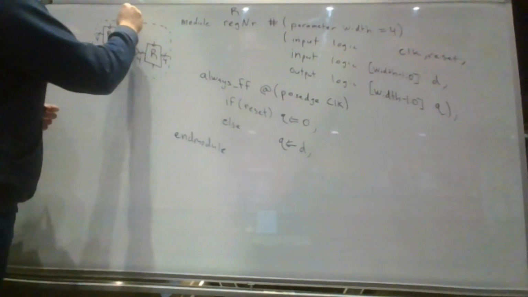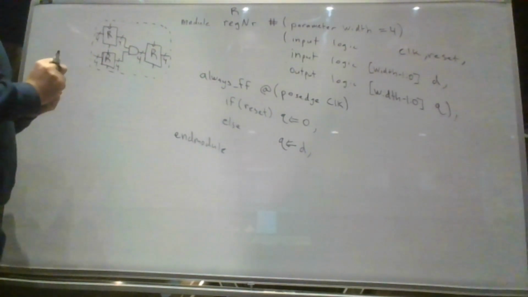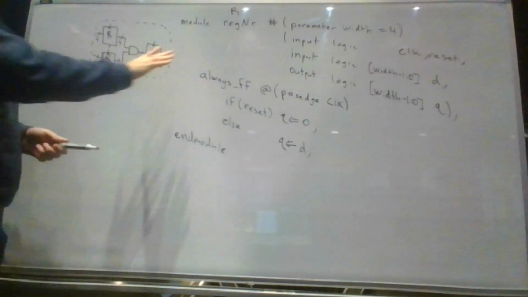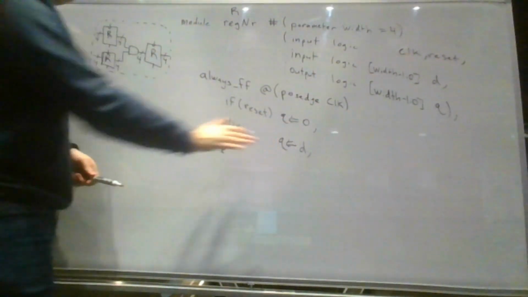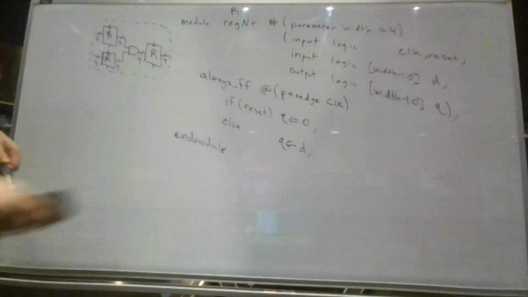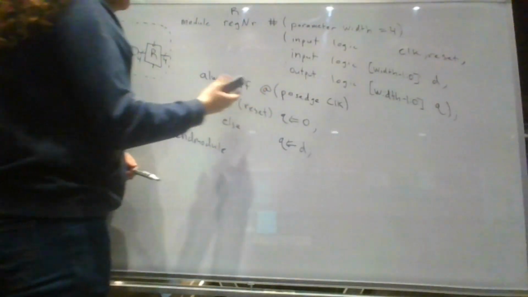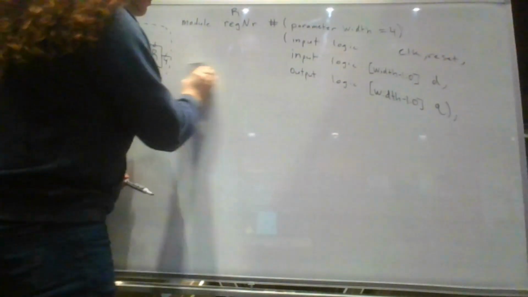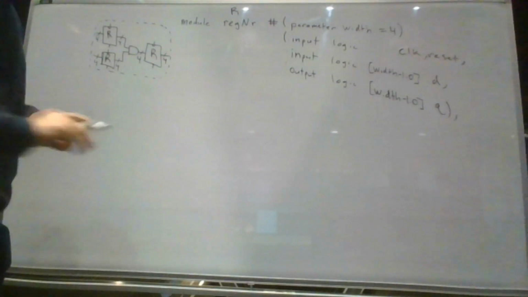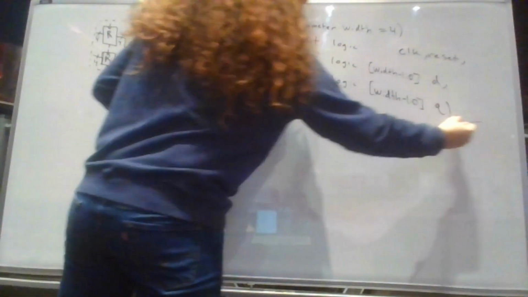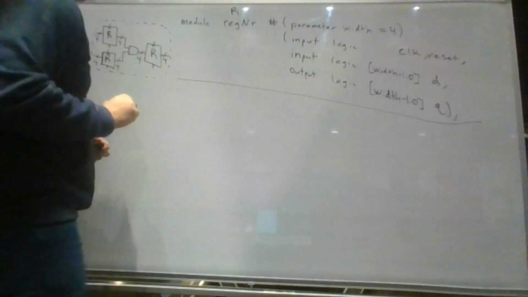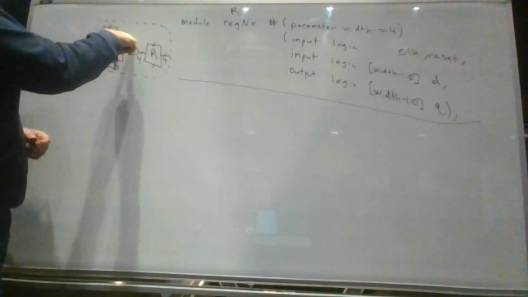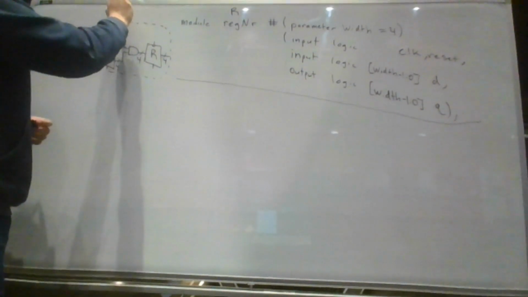So this is the module we want to create now. So what I'm going to do is I'm going to go ahead and erase the actual content of my module, but I'll leave this port list and parameter list up here so that I can remember how to instantiate it. So this is a big black box, and I'm going to call it test.